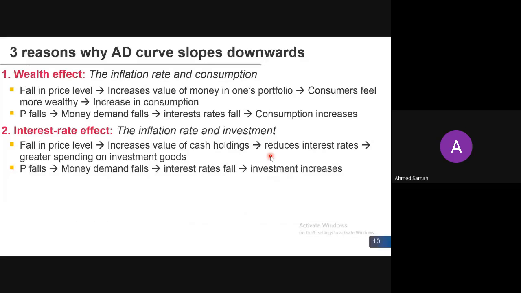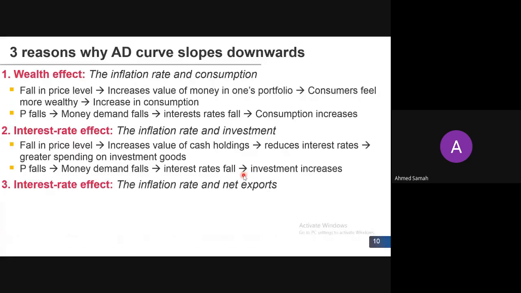So basically, when the price level falls, the money demand will fall again because the existing cash holdings will be valued more than previously. So when the money demand falls, the interest rate will fall again, which will make borrowing cheaper for businesses. So they will borrow and invest in their businesses more. So there will be a boost in investment.